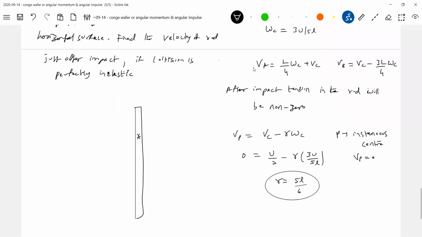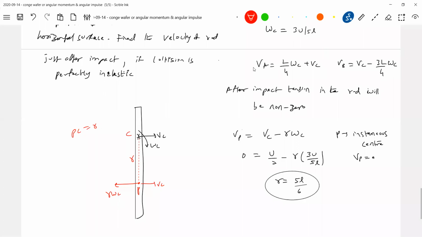This is the center of mass, no? This is Vc and this is omega C. I'll measure R from here. R equal to 5L by 6.